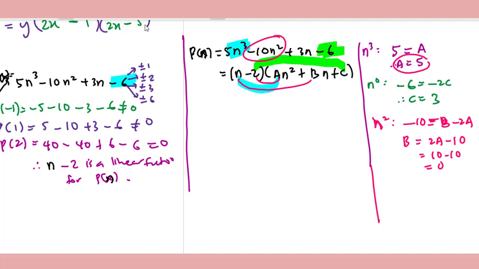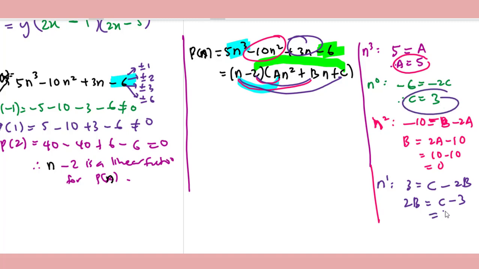Double check. Try n to the power 1. This one is 3, this one is n times c, and this one is negative 2 times b, so negative 2b, and 2b is equal to c minus 3. c is equal to 3, and 3 minus 3 is 0, therefore b is equal to 0.